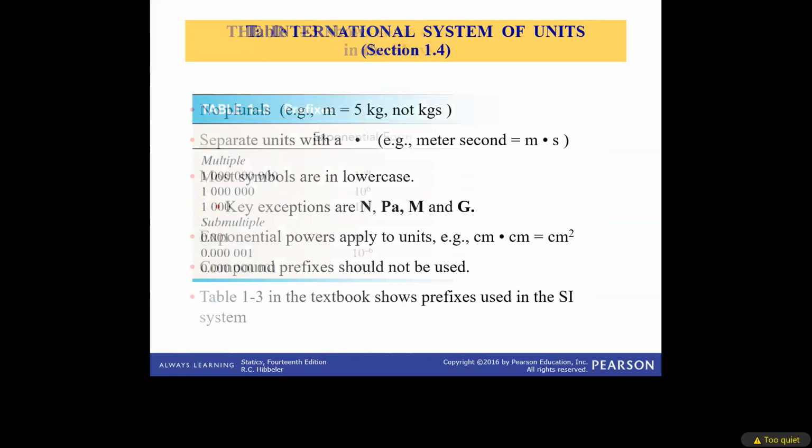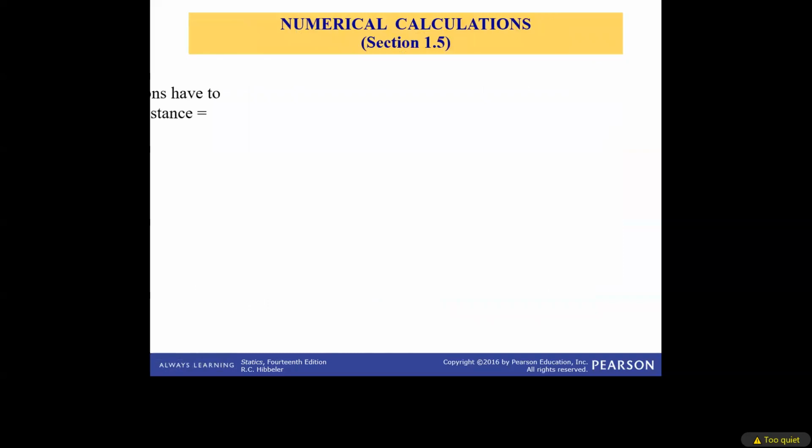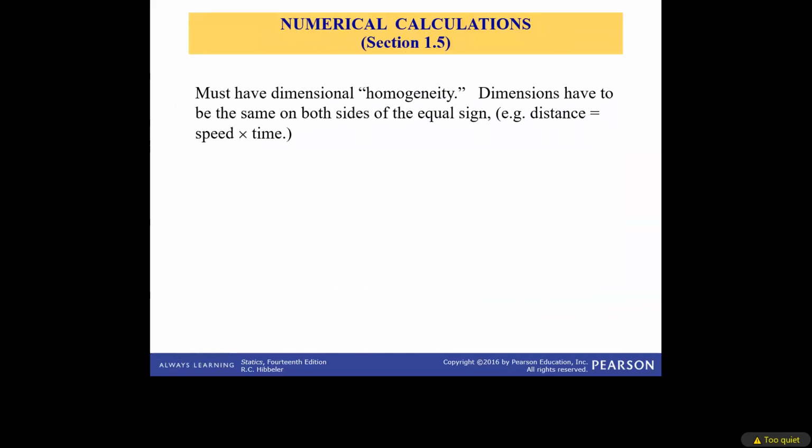And then the other things we will not go over. If you think about numerical calculations, they must have dimensional homogeneity, however you prefer to say it. But what does that mean? That means when you are solving a problem, you need to have the same units for every factor that you are working with.